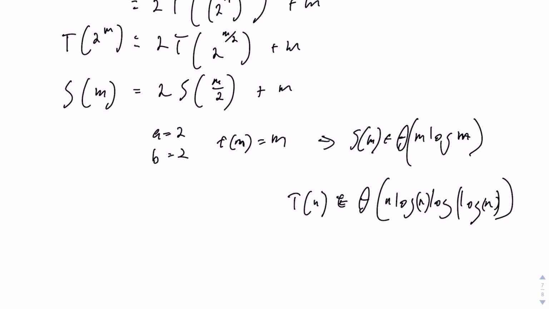Does everybody see what I did there? m is equal to log n. Sorry, there's no n in front. This m turned into log n, and this log m turned into log of log n. And that's it. That's substitution. We've just solved it.